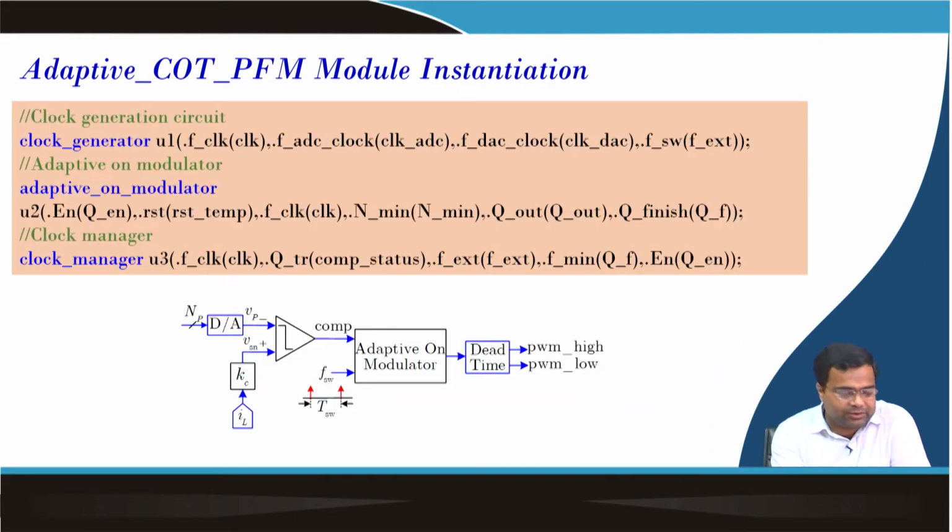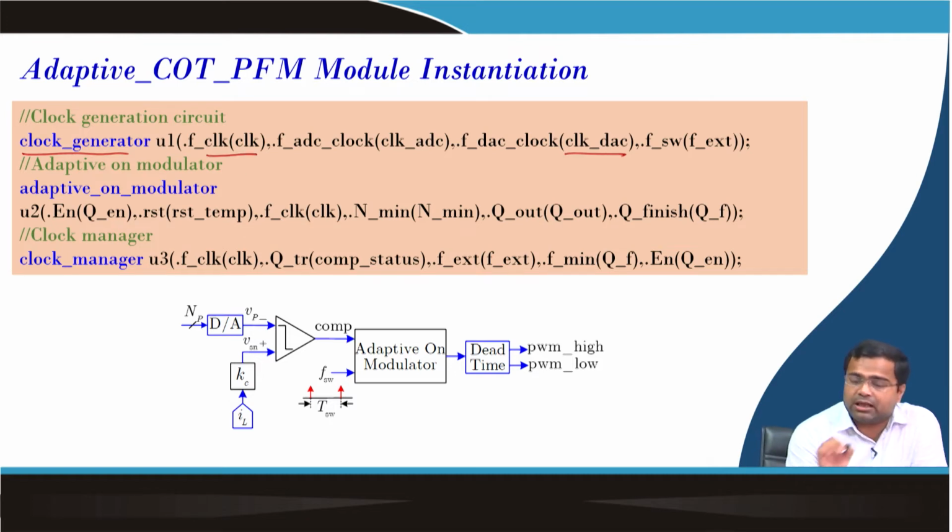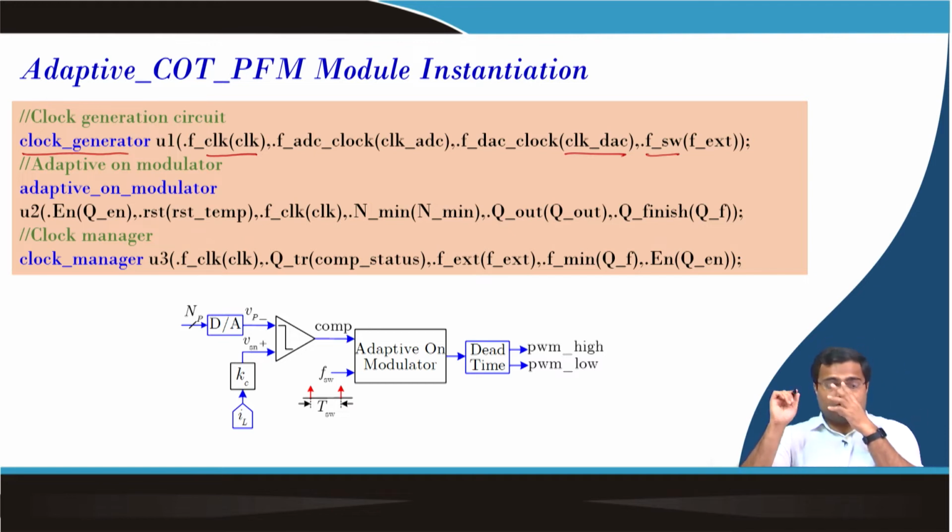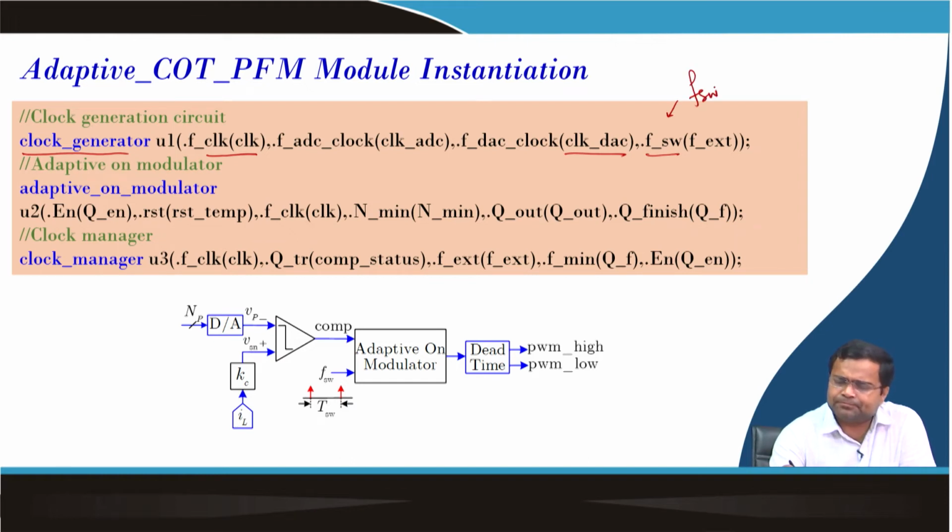Then we have the clock generator block, and this we have discussed, though we are not using the DAC clock, but it is still there. This is the highest resolution clock, and this was the switching frequency clock which we have used for PWM. The frequency we are taking is 200 kilohertz.